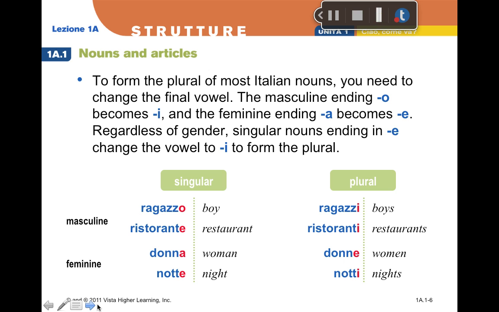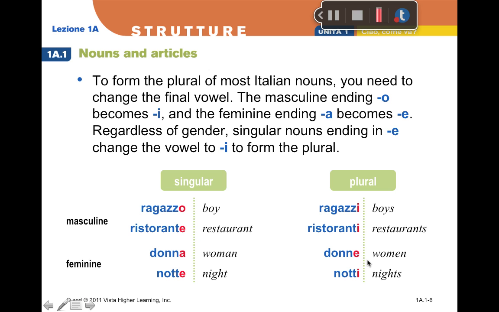So, to form the plural of most Italian nouns, it's very different from English or from Spanish or French, because we actually change the vowel, change the ending. Okay, so the masculine ending in O becomes I, ragazzo, ragazzi.